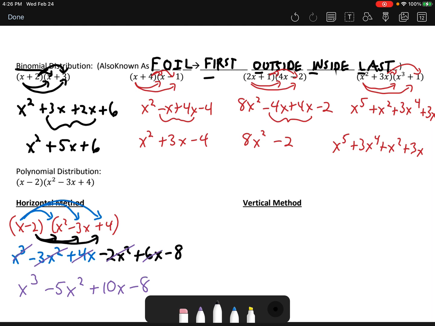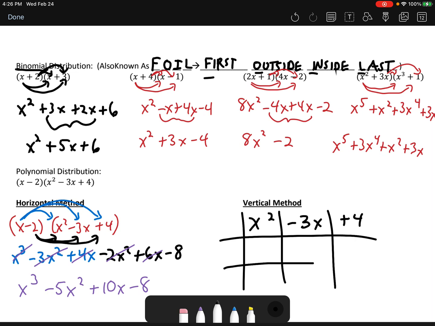The vertical method then is written like this. X squared minus 3x plus 4. And then this would be x minus 2. And then you simply fill in all the boxes. X times x squared is x cubed. X times negative 3x is negative 3x squared.